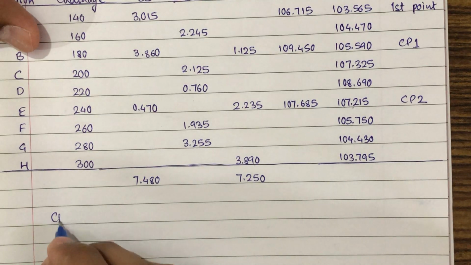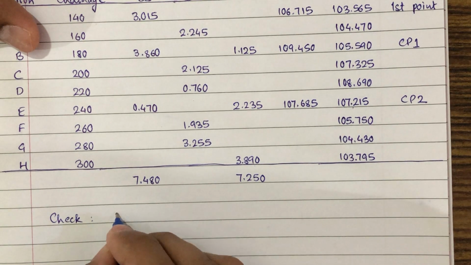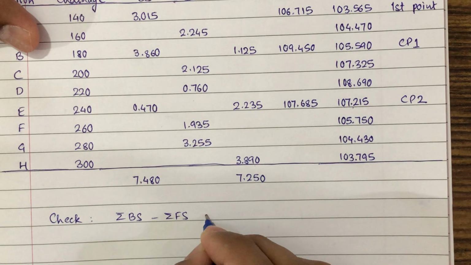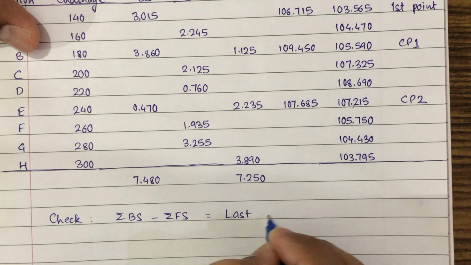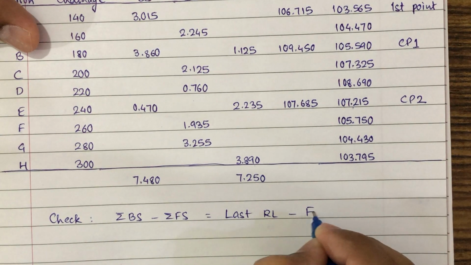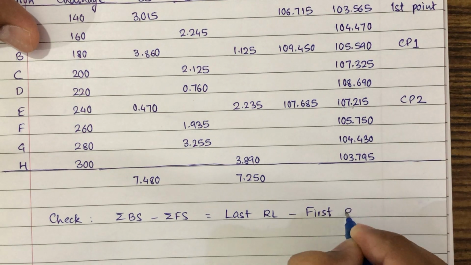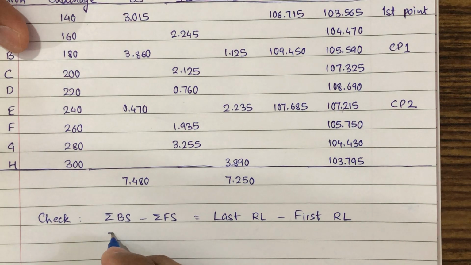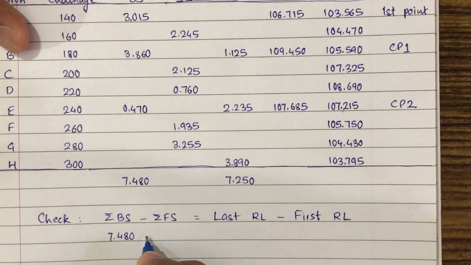So the arithmetical check is given as summation backsight minus summation foresight is equal to last RL minus first RL. So summation backsight is 7.480.